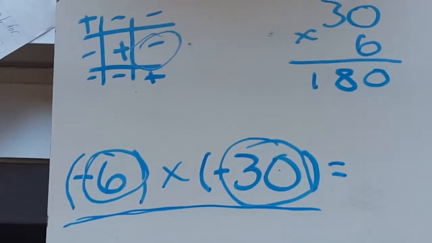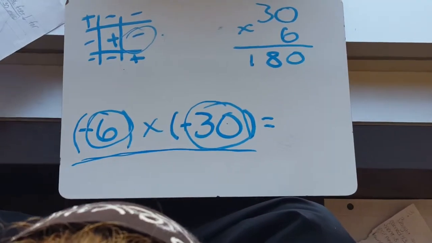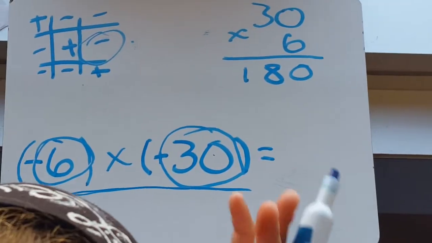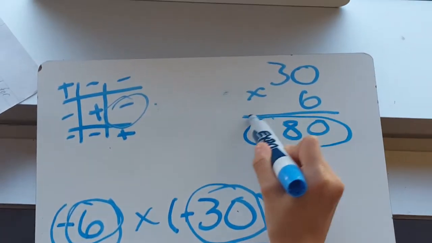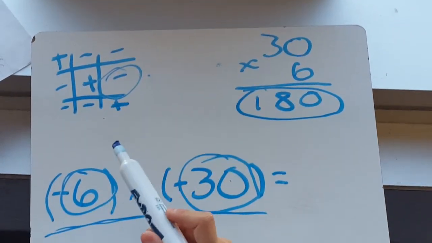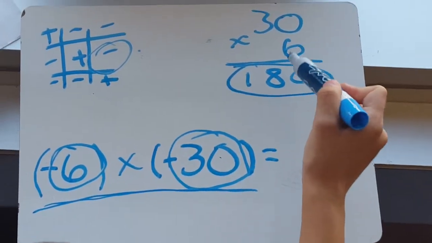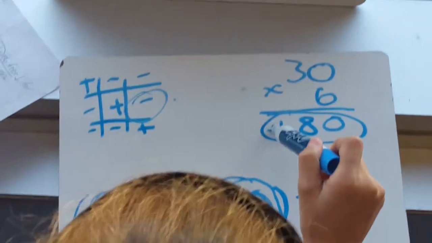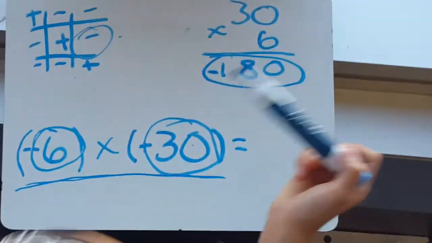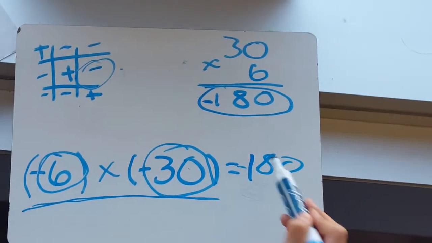So since you have 180 and you already figured out that your answer is going to be negative, all you have to do is add a little negative sign. So it equals negative 180.